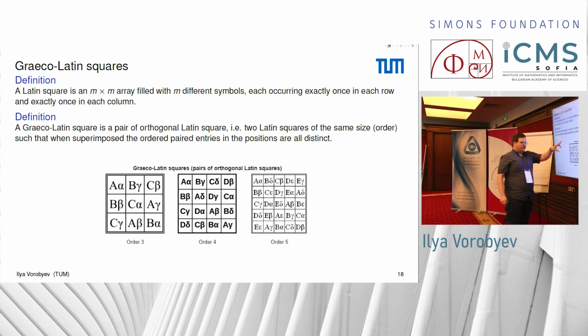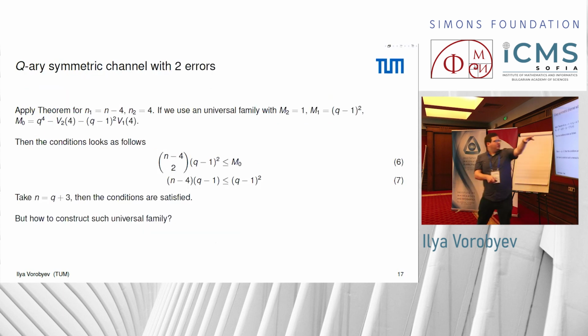So big letters from one Latin square, small Greek letters from another one. And if we write them simultaneously in one square, every pair appears exactly once. So this is called orthogonal Latin squares. And they give us codes of length 4 and distance 3, which is exactly what we need here.